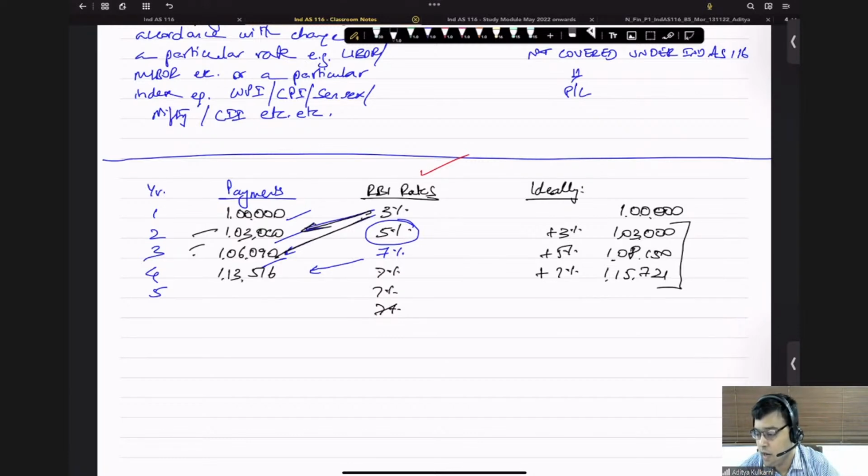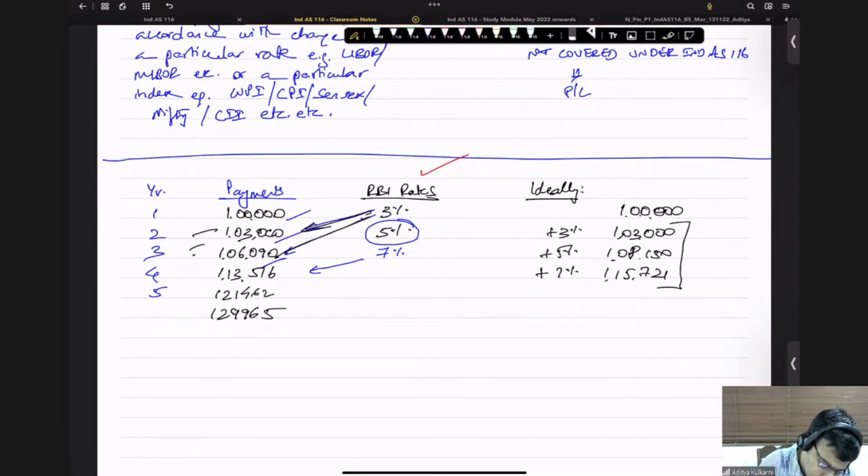So into 1.07, 121,462 into 1.07, 129,965. So for the next years, that means for this year 1,13,000 and 1,21,000, these two lease liabilities will be paid based on the RBI rate of 7%.